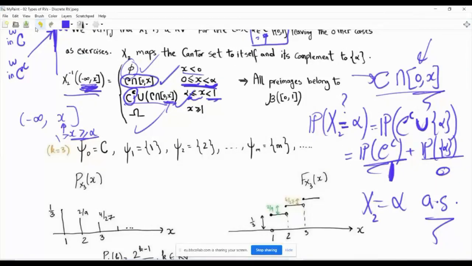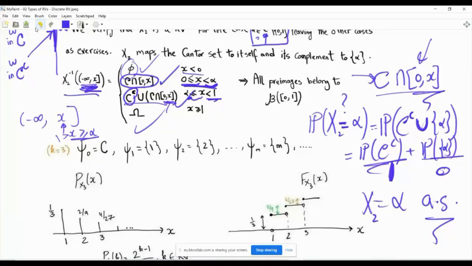Does X2 have other values that it takes? Yes, because we are mapping not just to alpha; we are mapping the numbers in the Cantor set to themselves. Exactly. So we have all those with us. However, the random variable is a discrete random variable.